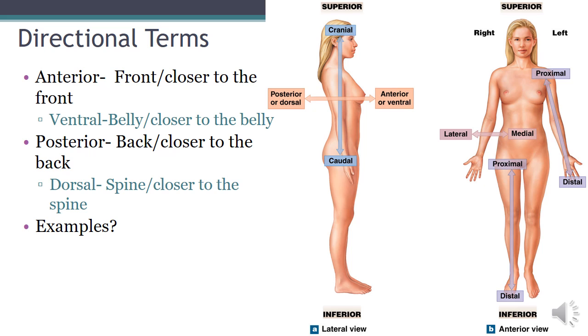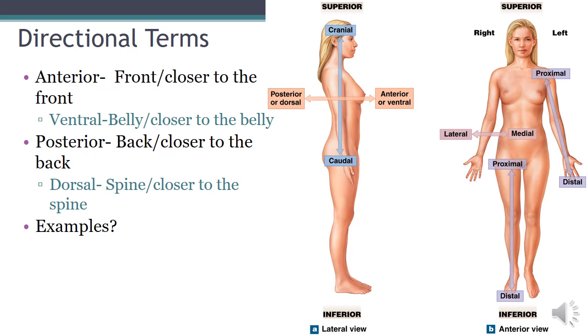Ventral can only be used interchangeably with anterior if you walk on two legs. Because we walk on two legs, our belly is anterior. However, if you were an animal or organism that walked on four legs, like a cat, for example, recognize that your belly would be facing the floor. It would not be facing the front.